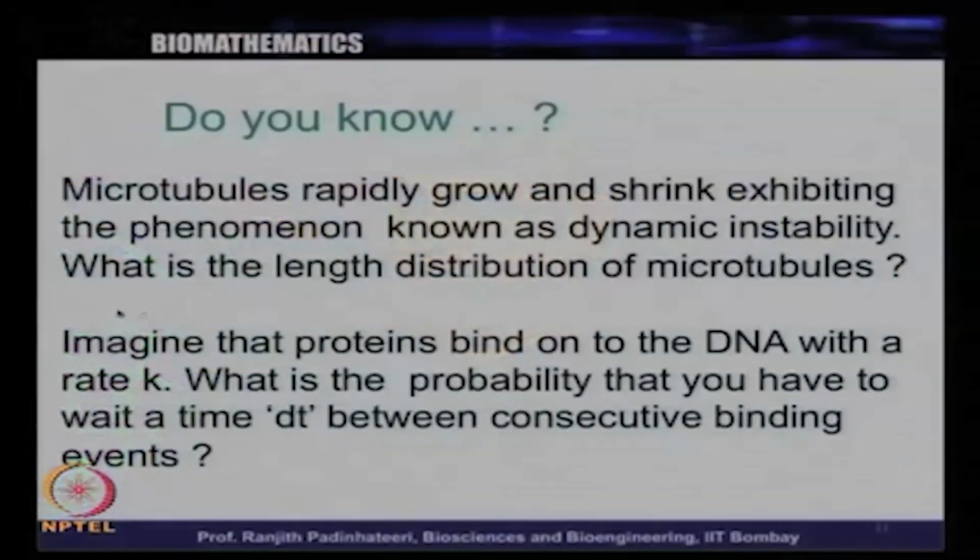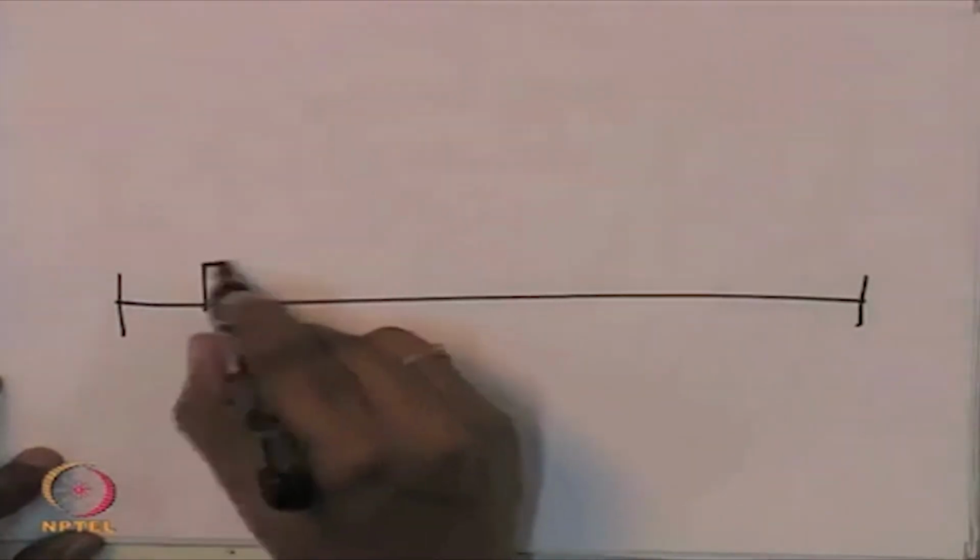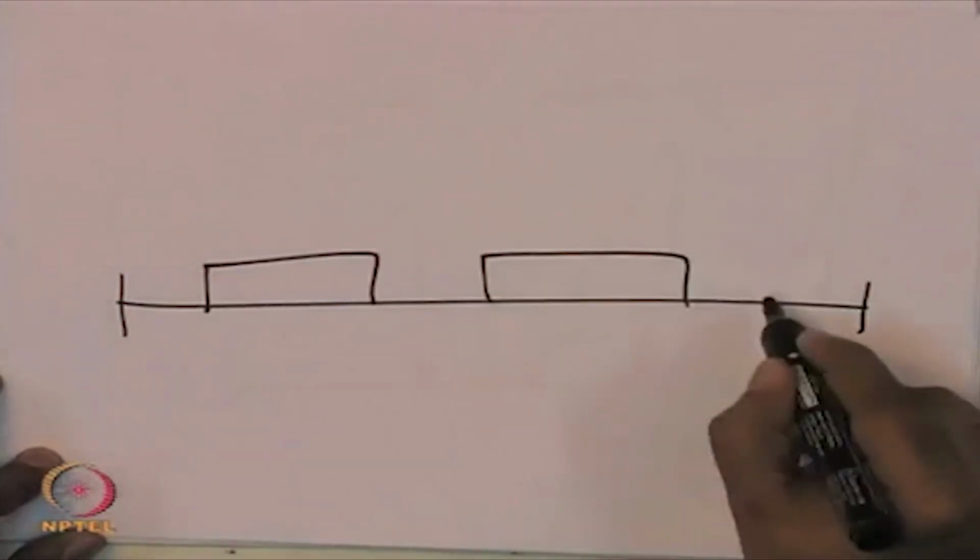So, consider this example of proteins binding onto DNA. Look at this paper, and imagine DNA, and proteins randomly bind onto this DNA.